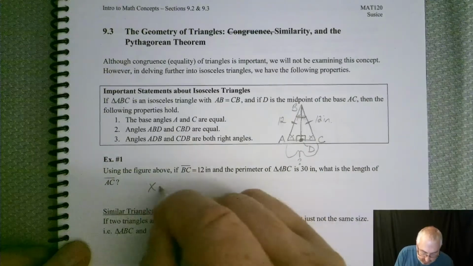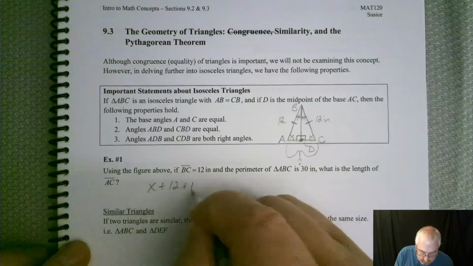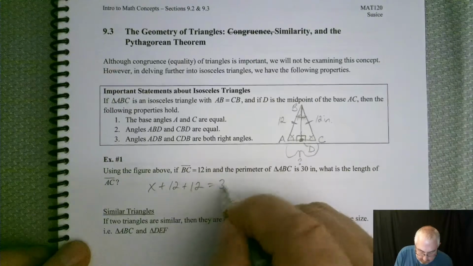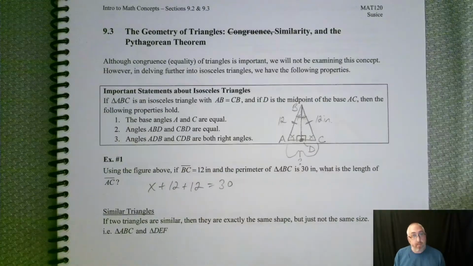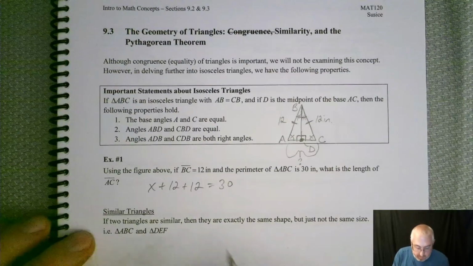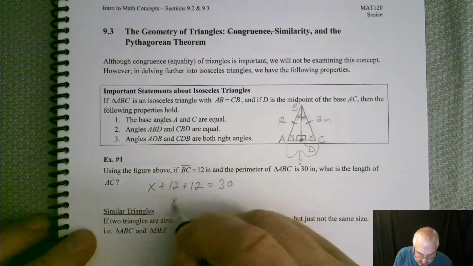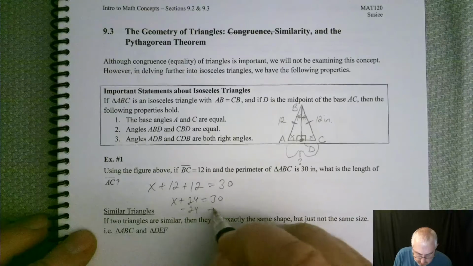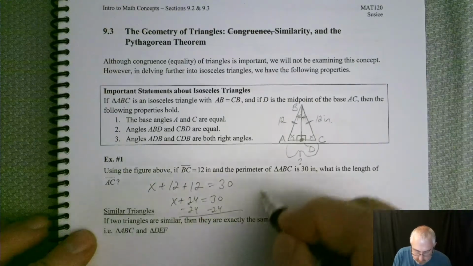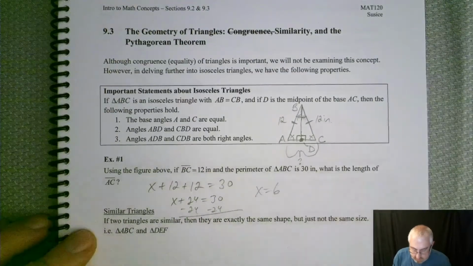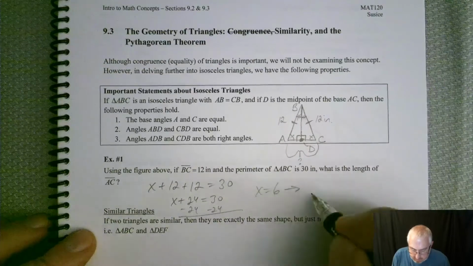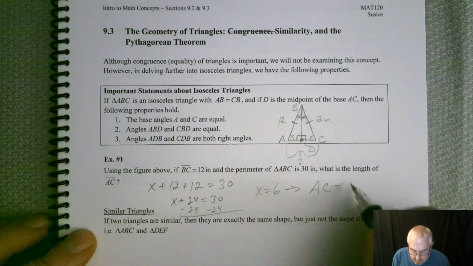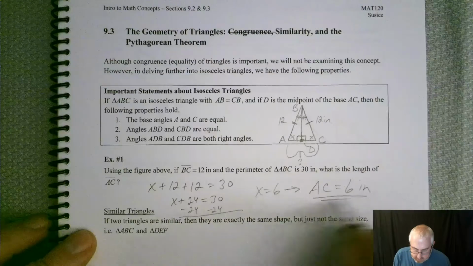So let's call it X. Our 2 12s plus X should be equal to 30, right? All 3 sides. Perimeter is all around the outside. So if we do X plus 24 equals 30 and subtract the 24, we can quickly see that X equals 6. So that means that AC is equal to 6 inches.